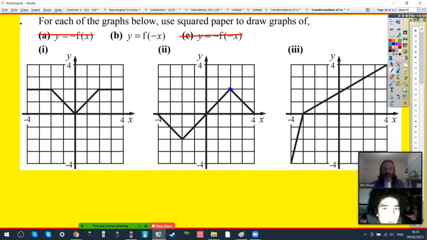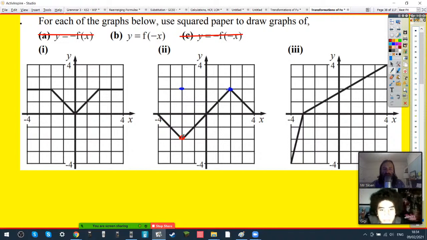If you consider the main points. Minus x. So it would flip horizontally. Correct.